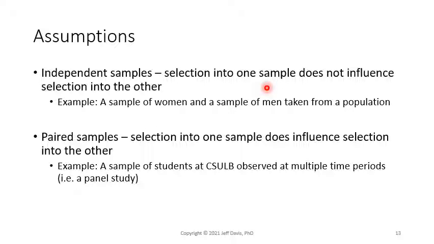If I wanted to compare two groups of people, say women and men, on some dependent variable, like educational attainment, income, height, weight, whatever, when I draw a male from the population, the selection of that male should not influence the selection of a female.